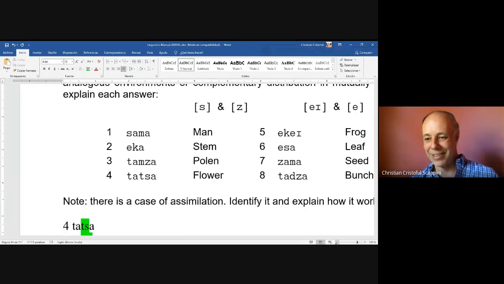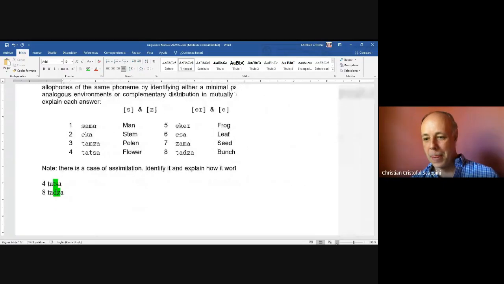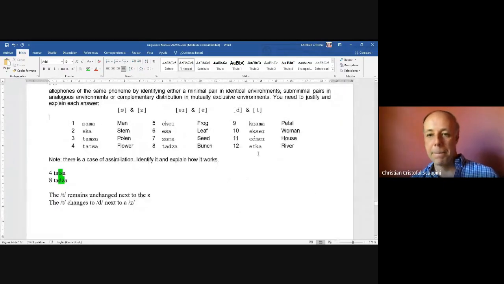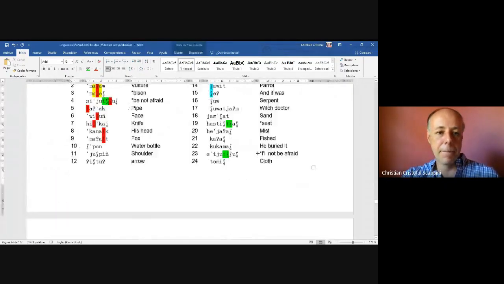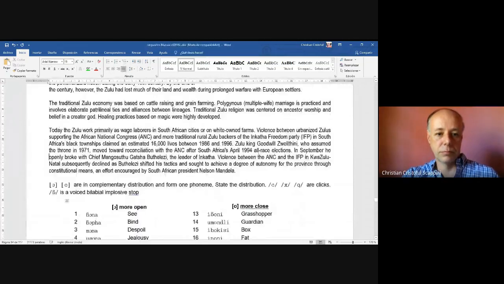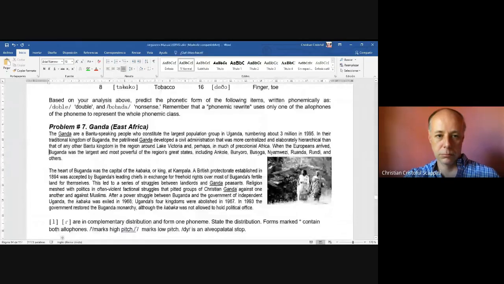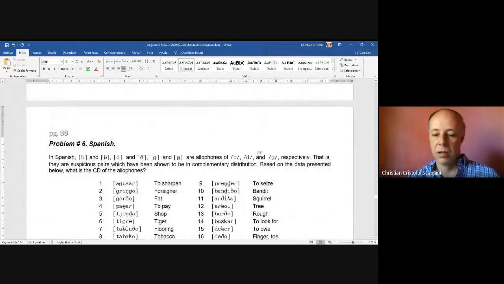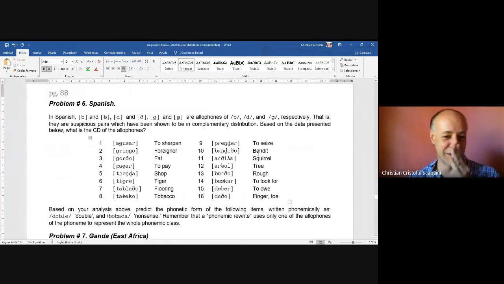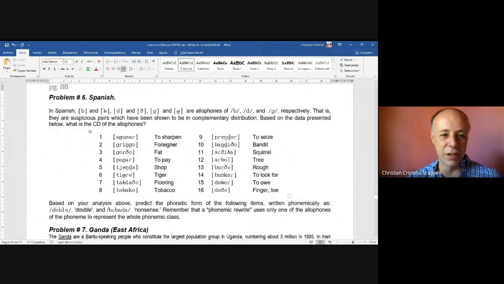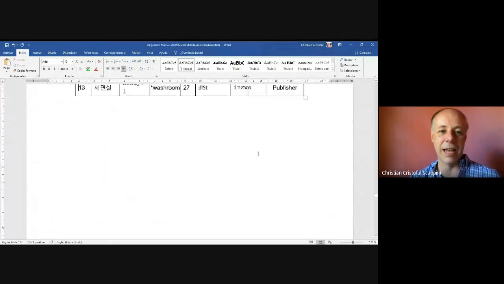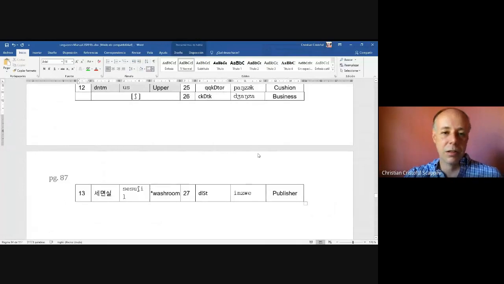Let's do number 6. Oh, number 6 is not Calava in this one. So let me look for Calava because I have a different order, let's say.